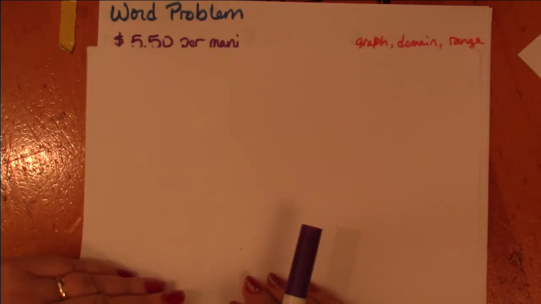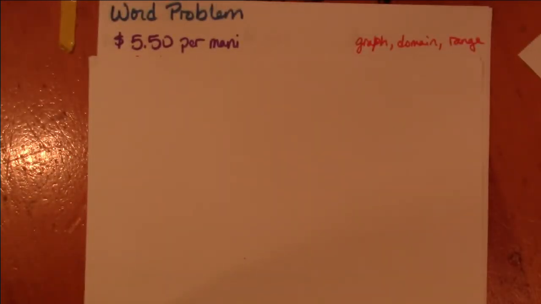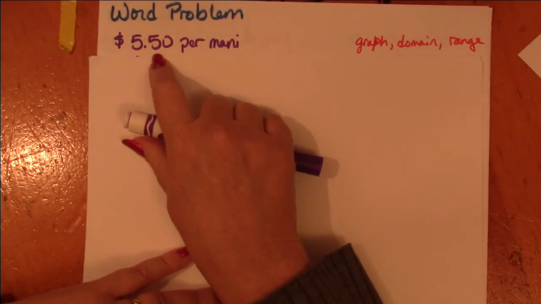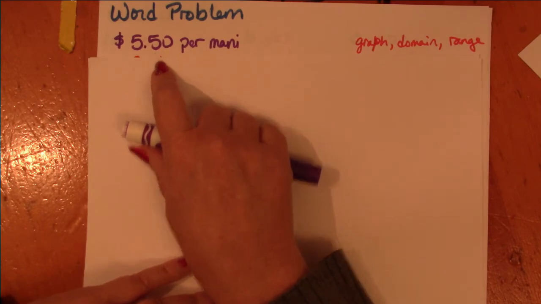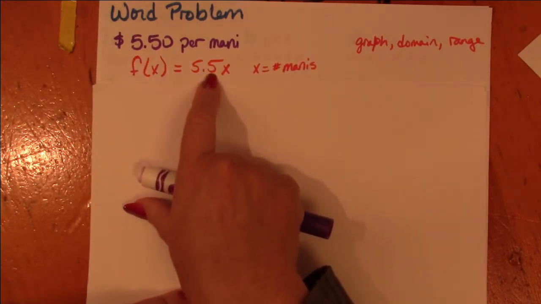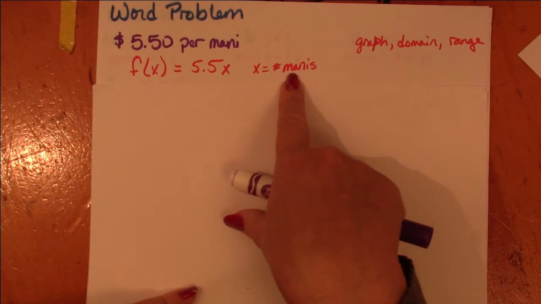Next, we have word problems. On page 303, Sue rents a manicure station in a salon and pays the salon owner $5.50 for each manicure she gives. $5.50 per manicure. The amount Sue pays each day is given by the function f of x is how many manicures she does times 5.5, how many manicures she does, x times 5.5, where x is the number of manicures.